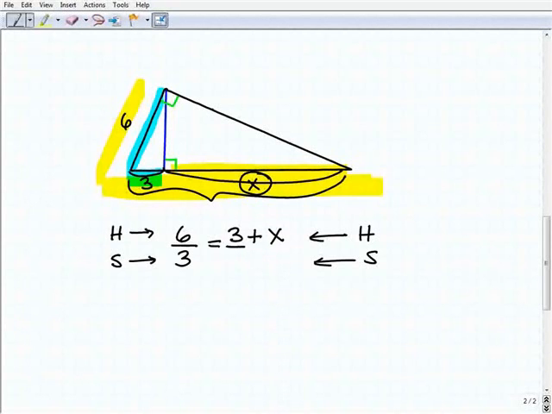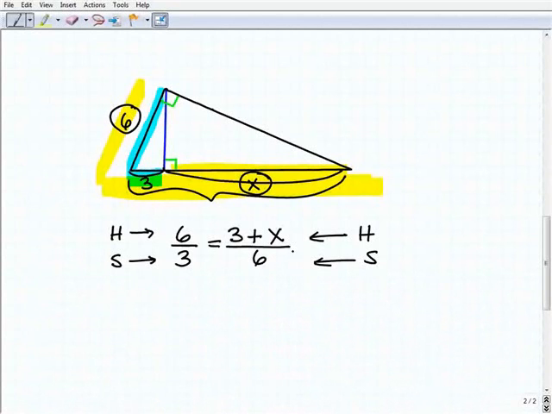That's my hypotenuse, and my shortest side of the largest triangle is 6. So I'm going to put a 6 here. Once again, if you're able to set up this proportion, I personally think you're like 75% there. And as a math teacher, I would give you a lot of credit.